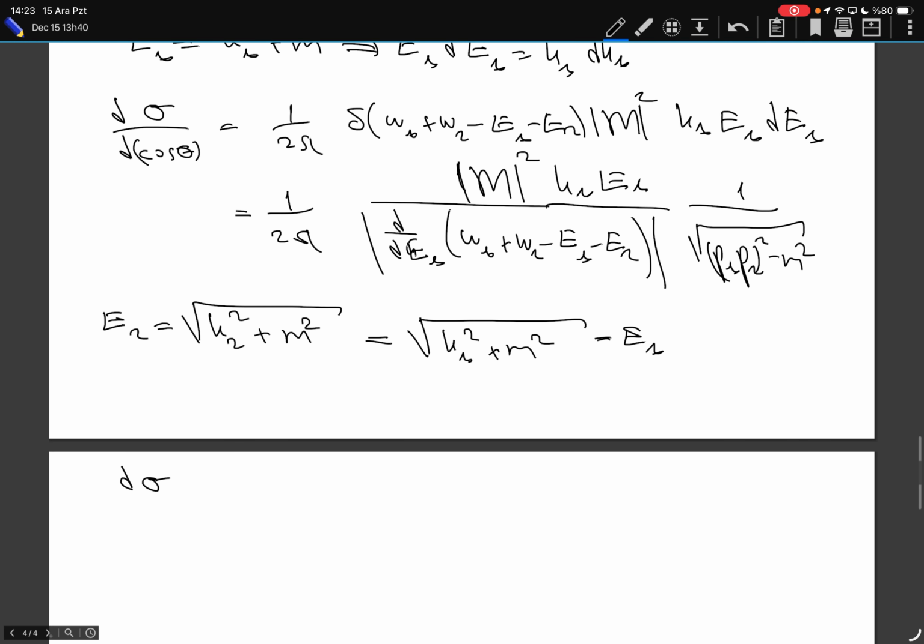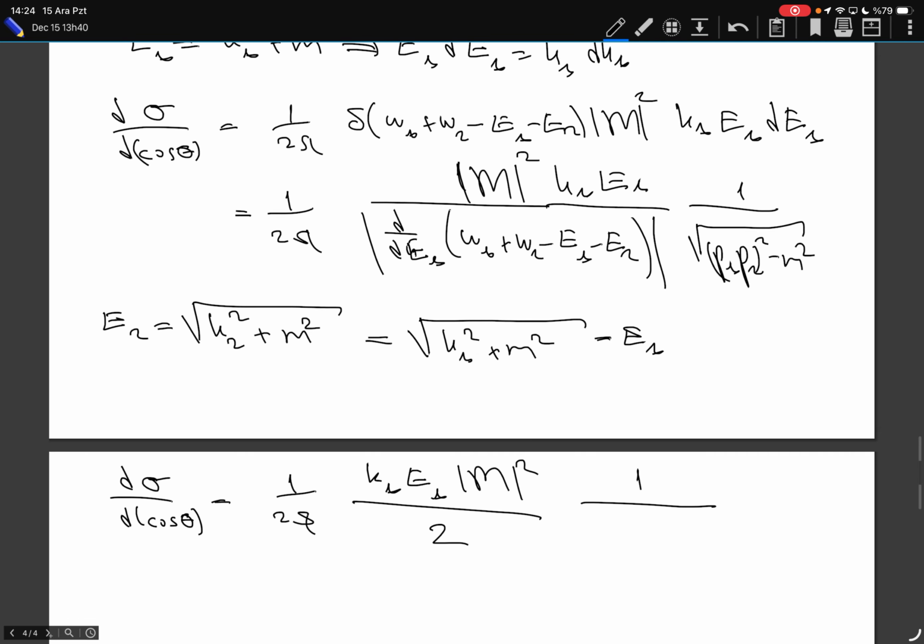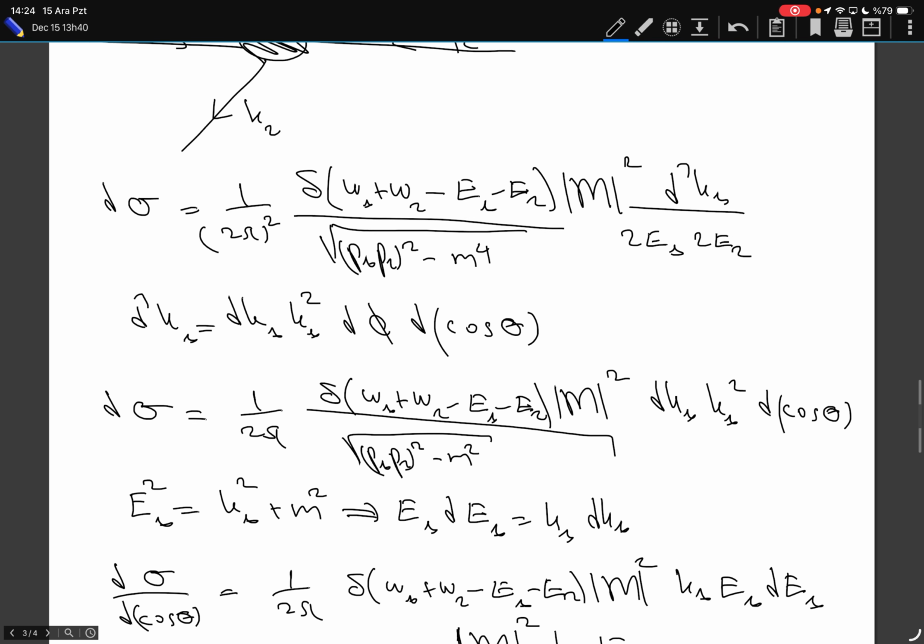So this is just E1. E1 and E2, they are the same. So dσ/d cosθ is actually 1 over 2π, k1 E1, |M|² divided by that derivative would just give me 2. Times 1 over... minus m². And there are other things I forgot.